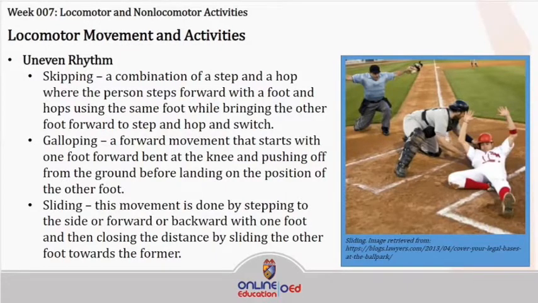Sliding is used as a defensive movement in some sports such as basketball, football, hockey, and soccer. Also as a way to get into the correct position in baseball, softball, and racket sports, and also in dance. Technique in sliding: keep your feet as close to the ground as possible and take short steps.